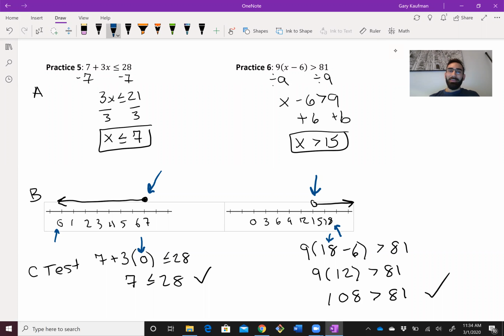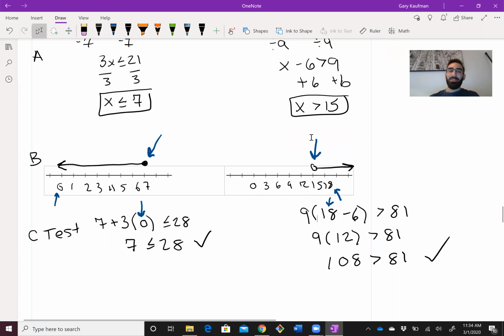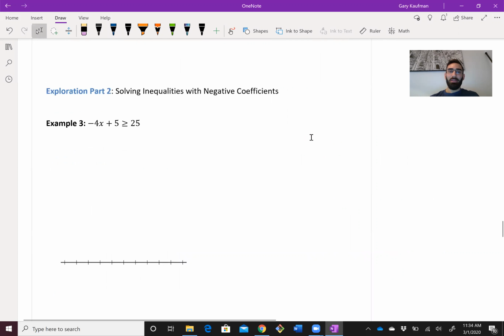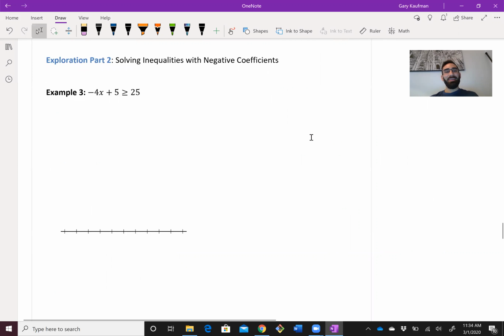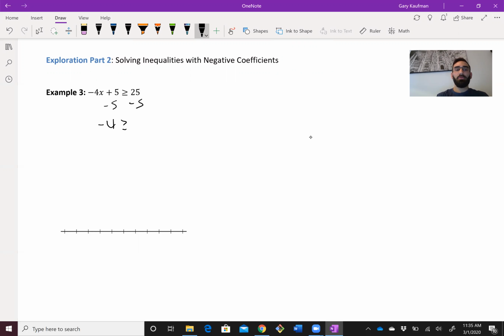All right. Now, let's look at 2 different ones. These have negative values, which we weren't really dealing with in the previous ones. So let's see if anything happens differently. Let's start by solving it in exactly the same way. Minus 5, minus 5. Negative 4x is greater than or equal to 20.